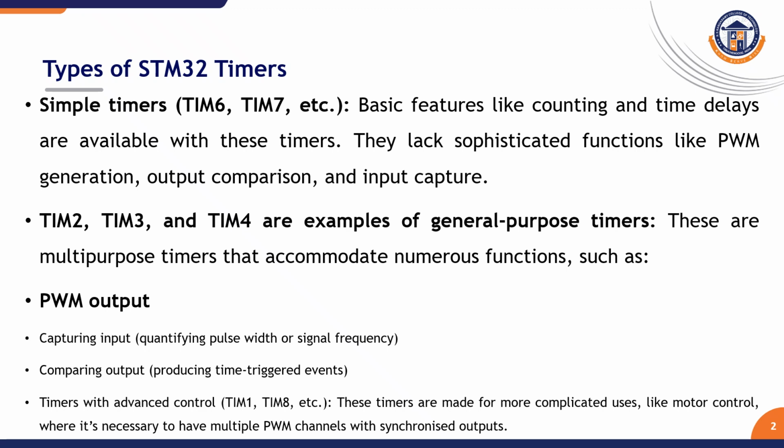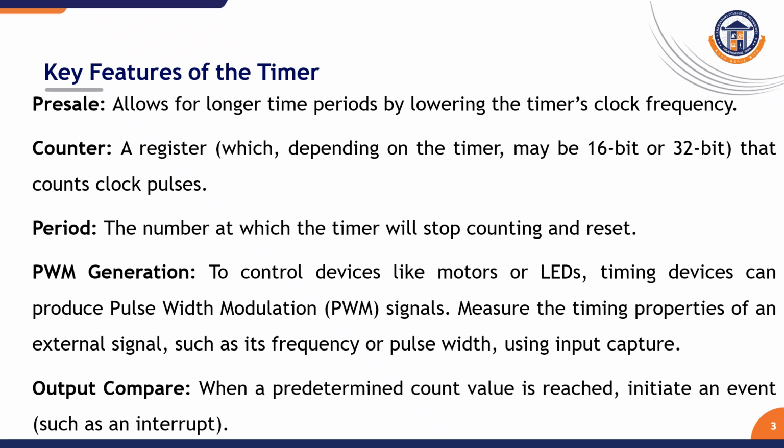These timers are made for more complicated uses, for example motor control, where multiple pulse width modulation channels with synchronous outputs are necessary. Now the key features of the timers. If you want to create a longer time period, it is very difficult to make use of the timer alone.